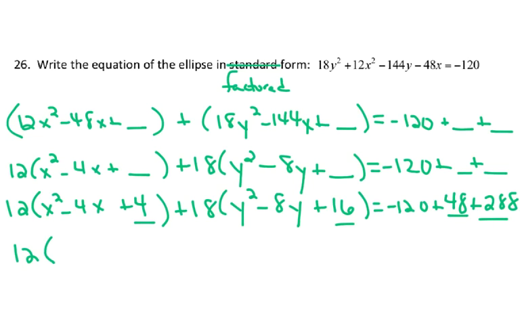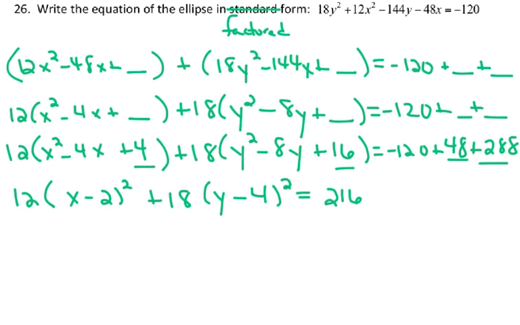Now we're going to write this in factored form. So the first parentheses is going to be 12(x - 2)² + 18(y - 4)² = 216. And in order to write it in factored form, we want the equation to equal 1, so we divide everything by 216.